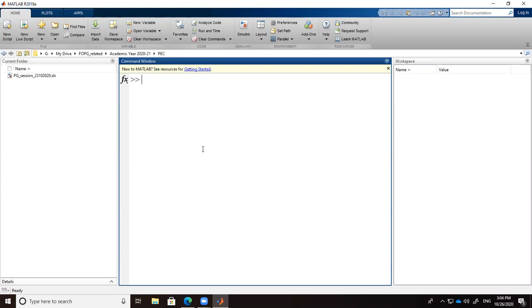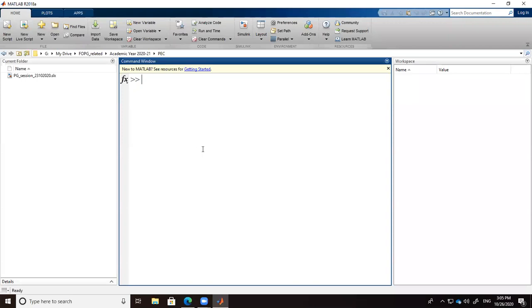Here in today's session, I'm going to teach you how to implement a three-phase diode bridge rectifier using MATLAB. Okay, and we will also see how to plot a particular graph appropriately, and then how to export it to the Word file so that you can use it for your report.